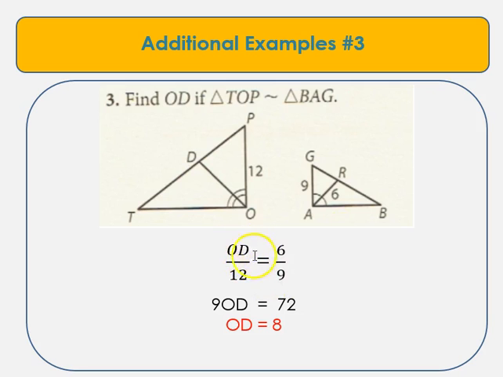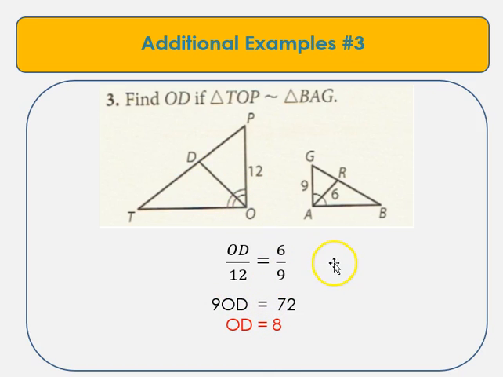To solve for OD, we're going to use OD over its own side length, and we'll use the piece 6 that compares to OD over its side length, GA, which is the corresponding side to OP. If we multiply across, OD equals 8.